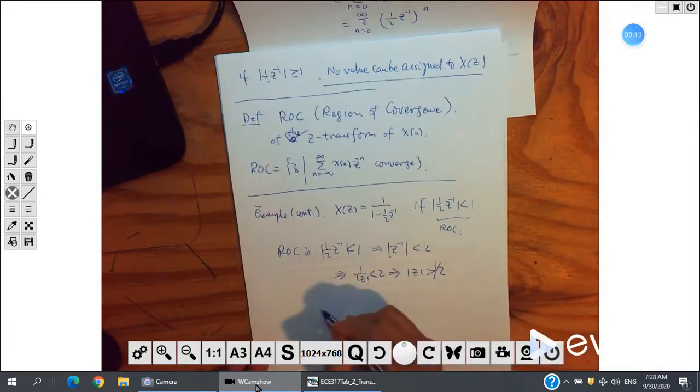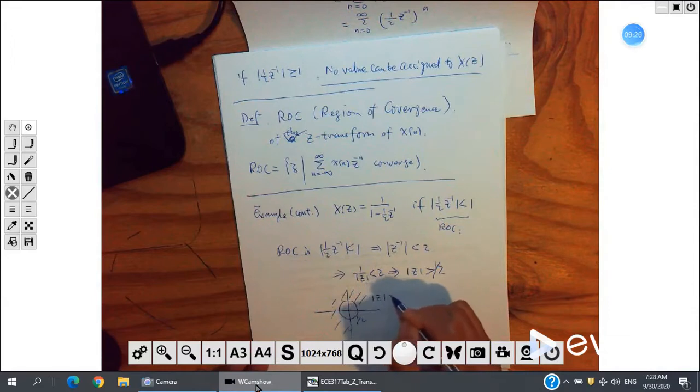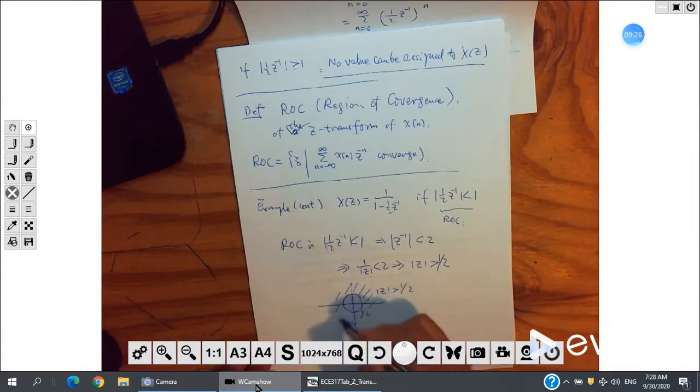As a graph, you can see this is 1 over 2, and the outside is magnitude of z larger than 1 over 2. So the RC is the shaded area.